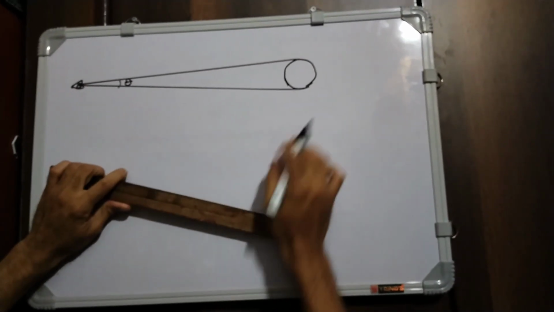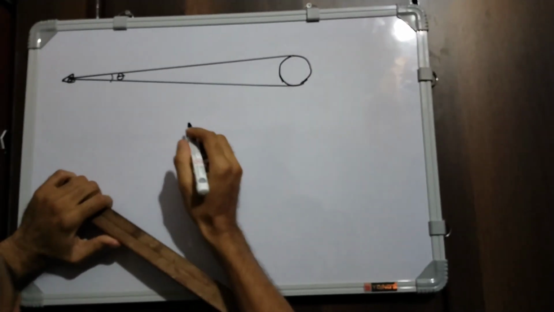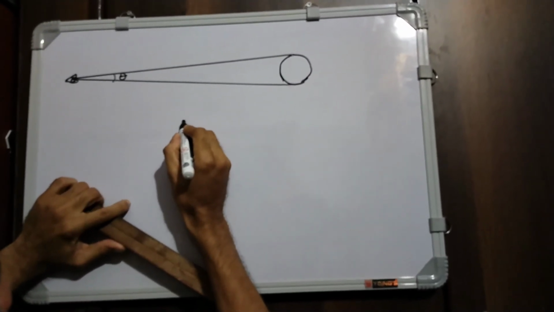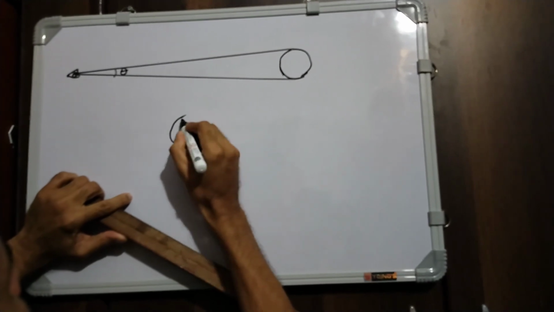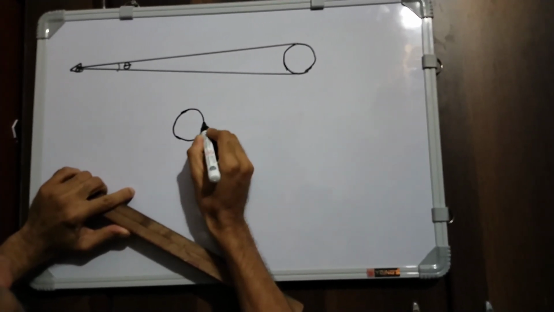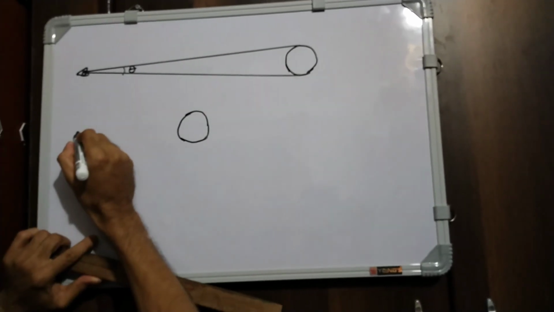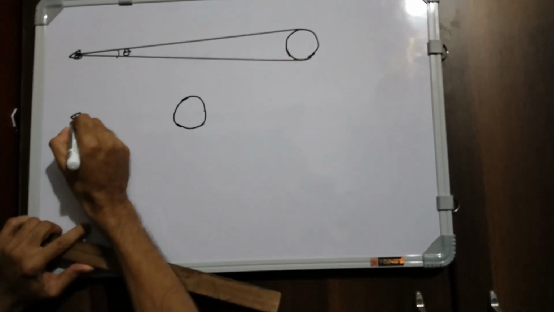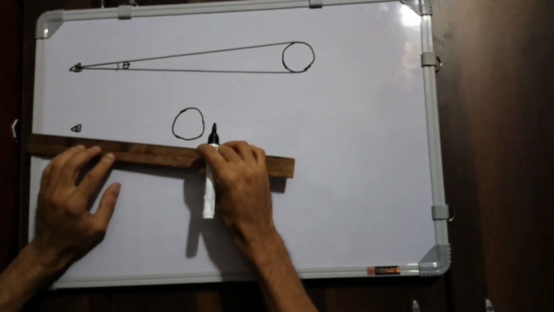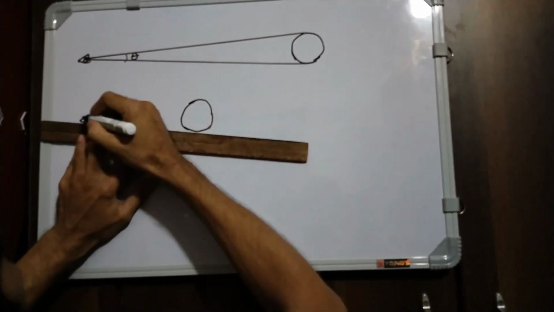Now the same object, the same size, if it is put closer to the eye, what happens? Let us see. This is the same size. Here is the human eye. Now I am going to draw the same angle here.